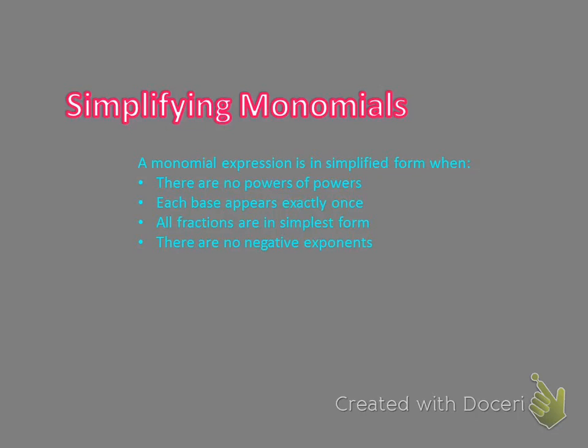It's one of your variables: an x, a y, a z. Point 3: all fractions are in simplest form. That's always true, nothing new there. And the last one, the big one: no negative exponents. If you circle a problem for me and you have a negative exponent in it, you are wrong. It's that simple. So don't circle it. You have other things to do to it before you move on with your life.